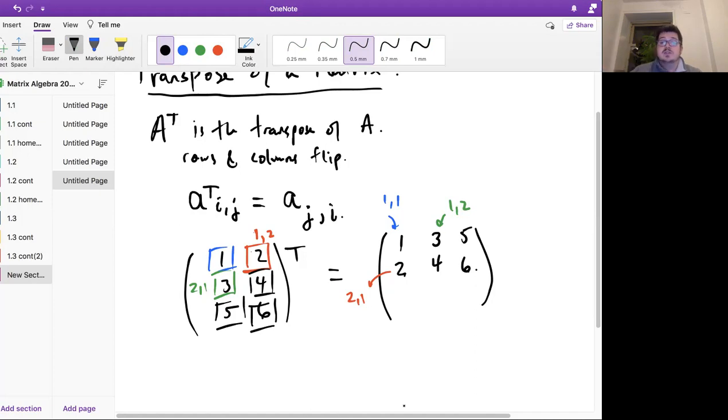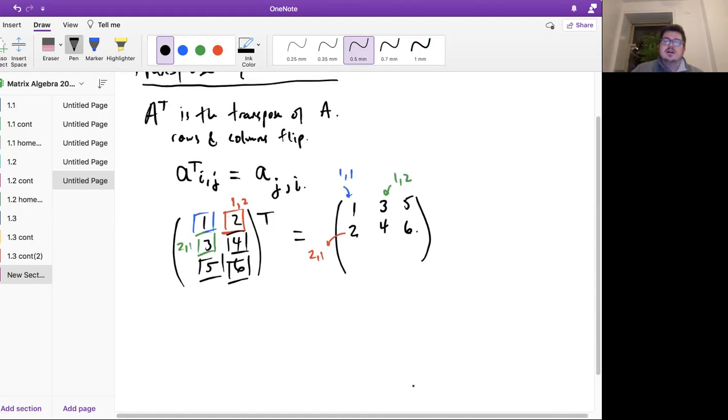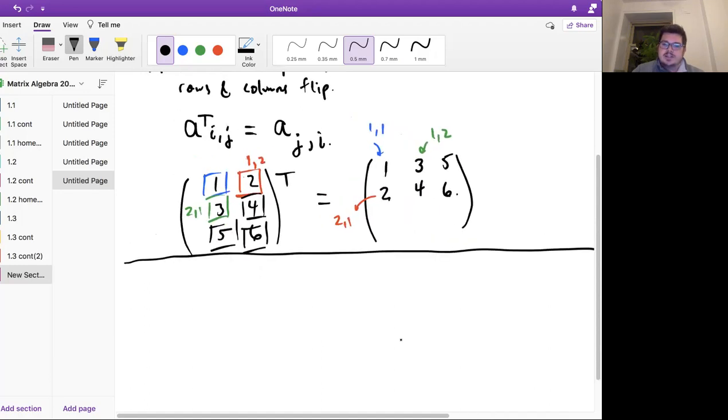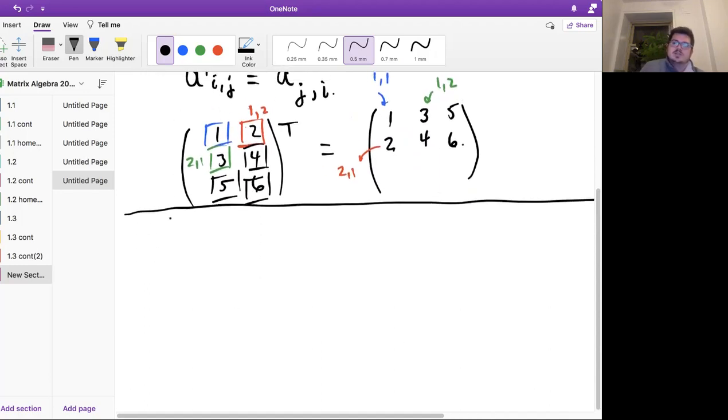So that's the transpose. So let's do a neat proof about what the transpose of a product of matrices is. First of all, let's remind ourselves of the definition of the product. I won't ask you to type it out because it's long, but what is the ijth entry of the product?